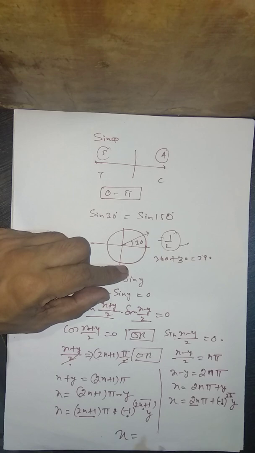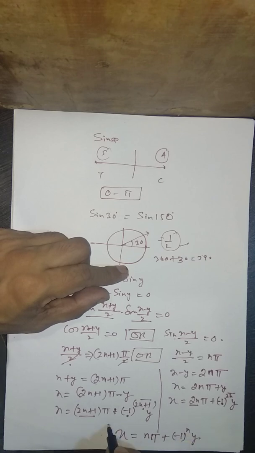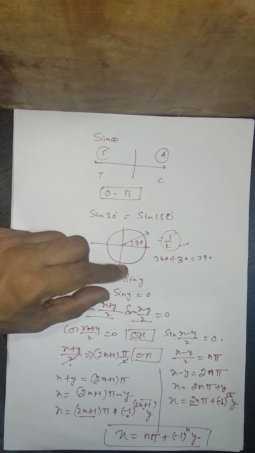So it can be generalized from these two. We conclude that x can be written as n pi plus negative 1 to the power n times y. That is our general way of writing this.